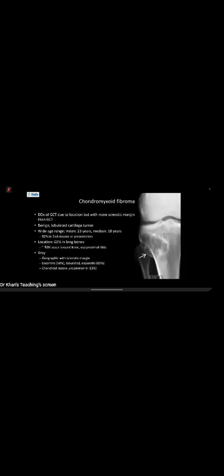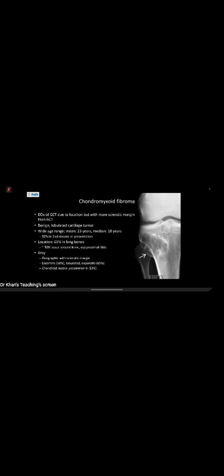Differentials, as you can see on this slide, for GCT is chondromyxoid fibroma. As you can see in this slide, an example, you can see that sclerotic margin, and it appears a little bit more lobulated than the previous example of the GCT. There's a little bit of a wider age range.